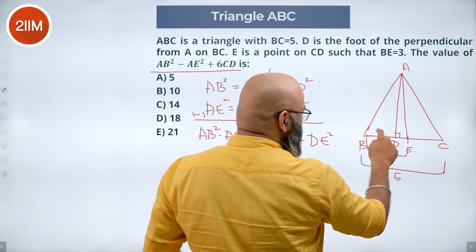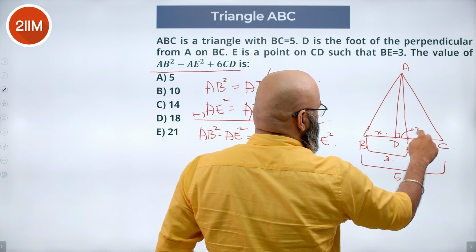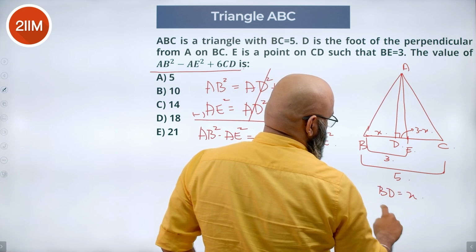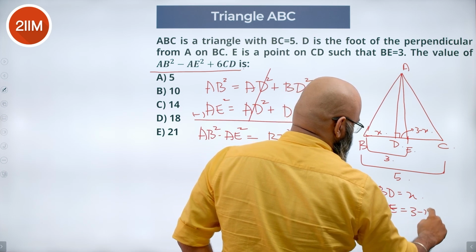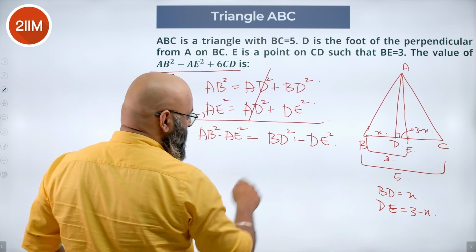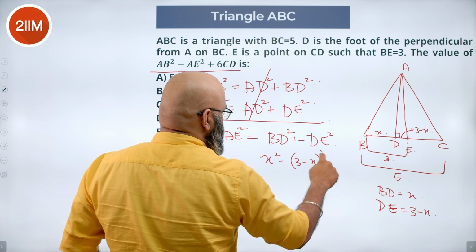So let's say BD is X. So DE becomes 3 minus X. So BD is equal to X, DE is equal to 3 minus X. Now we substitute this value over here. We get X square minus 3 minus X the whole square.